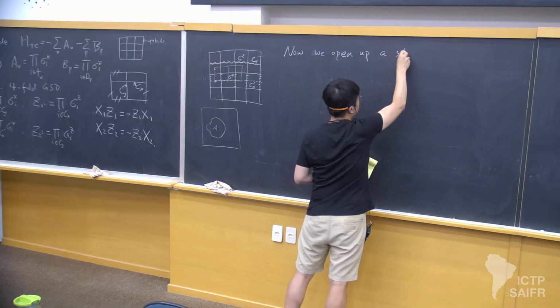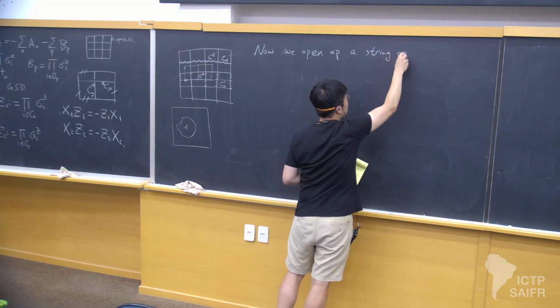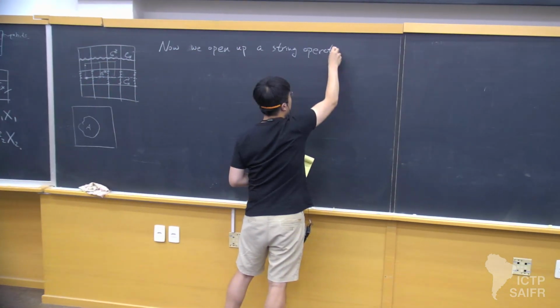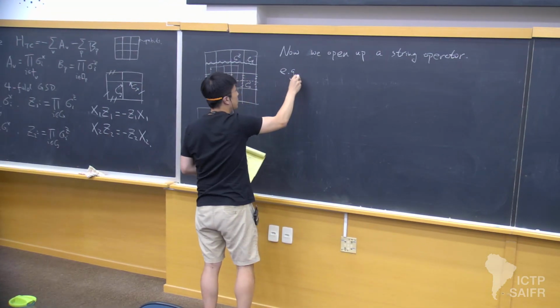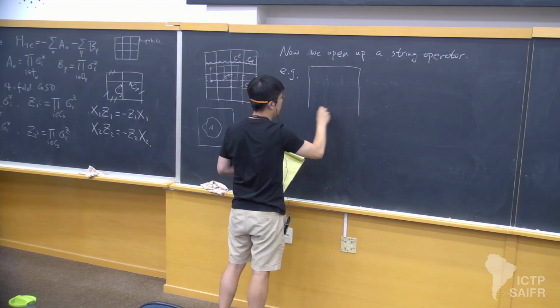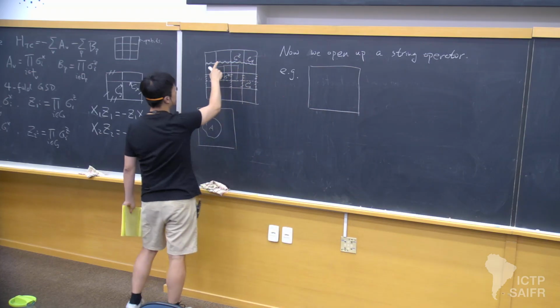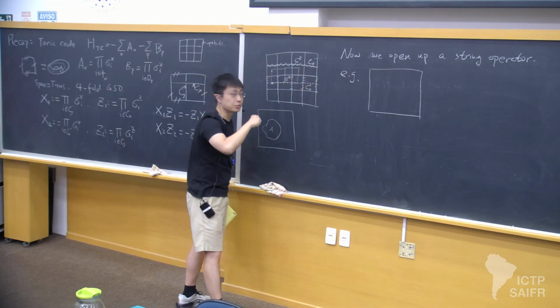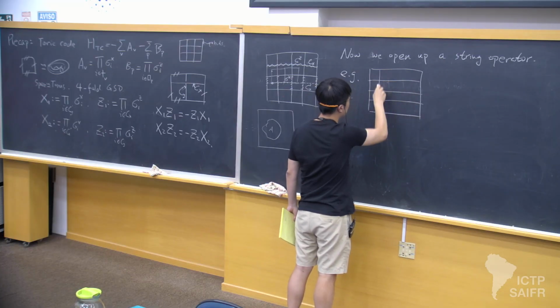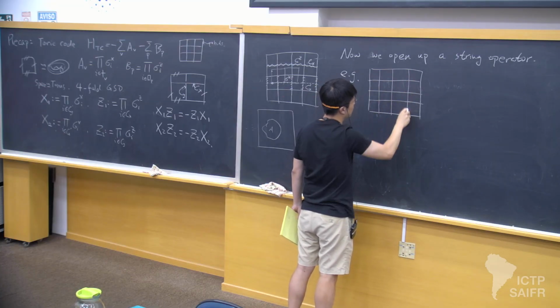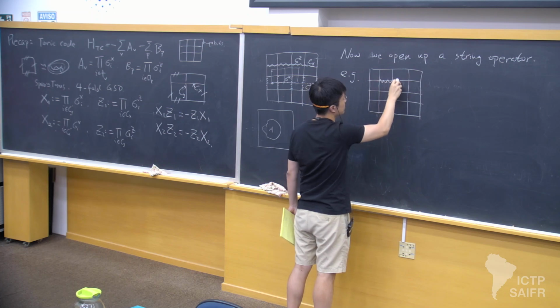A string operator. So what do I mean by that? Well, for example, instead of a bunch of sigma z living on a closed string, let me draw an open string like this, right?